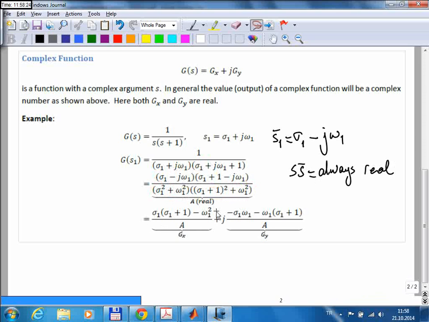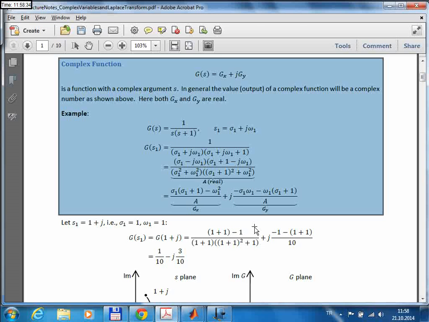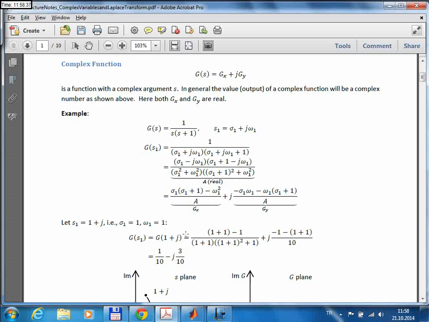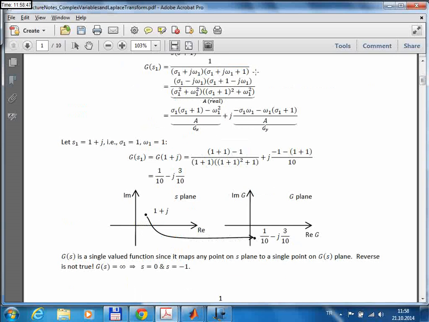In the end, the value of your function becomes a complex number. So this is the real part, this is the imaginary part, so basically this general form is still valid. Okay, a real part and then an imaginary part.